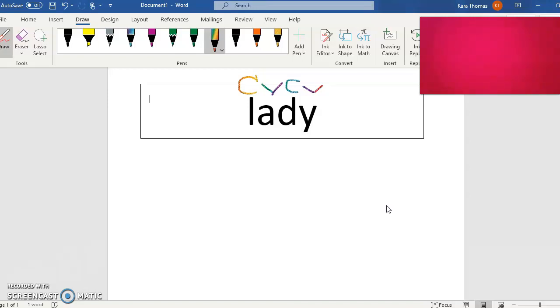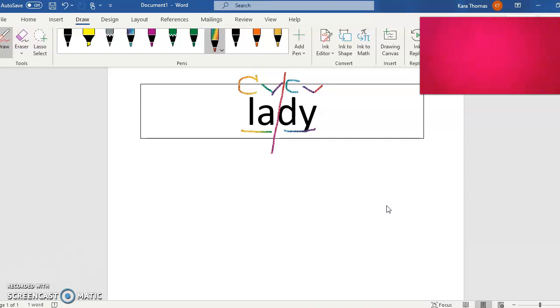So when we say the first syllable, lay, we hear the long A, and when we say dee, we hear the long E at the end. So there are two syllables. And we know where to divide the word lady because we labeled consonant, vowel, consonant, vowel.